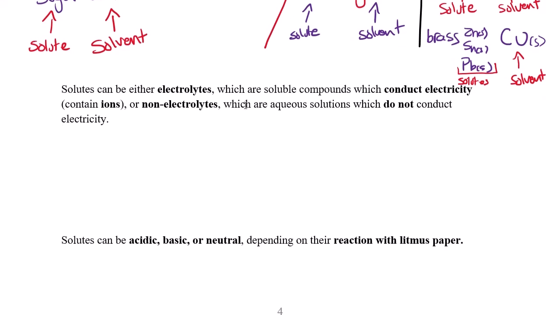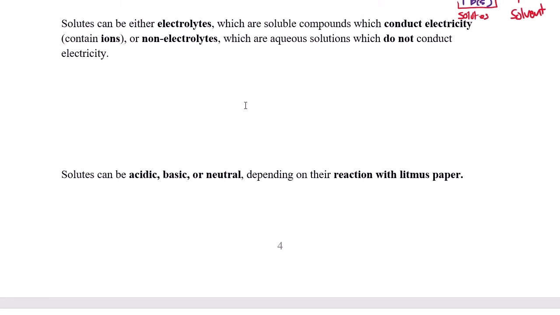Solutions can either be electrolytes, which are able to conduct electricity, and they can do that because they contain ions. We'll talk a bit more about that in our next lesson. Or they can be non-electrolytes, which don't conduct electricity, and they don't contain ions.